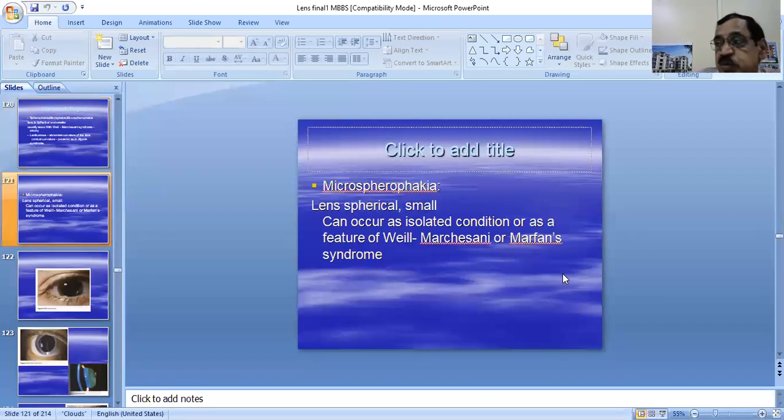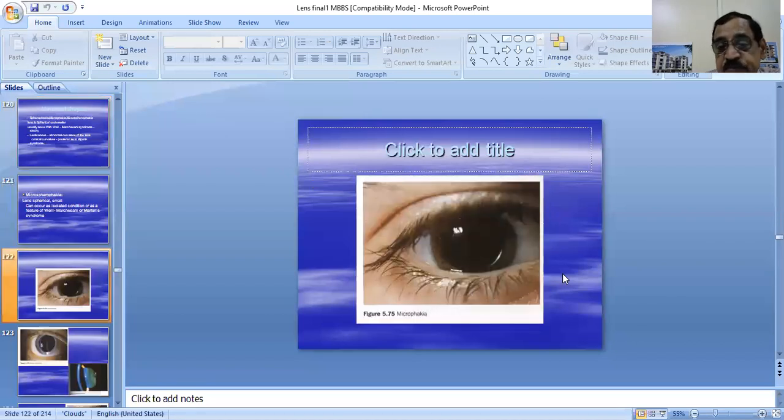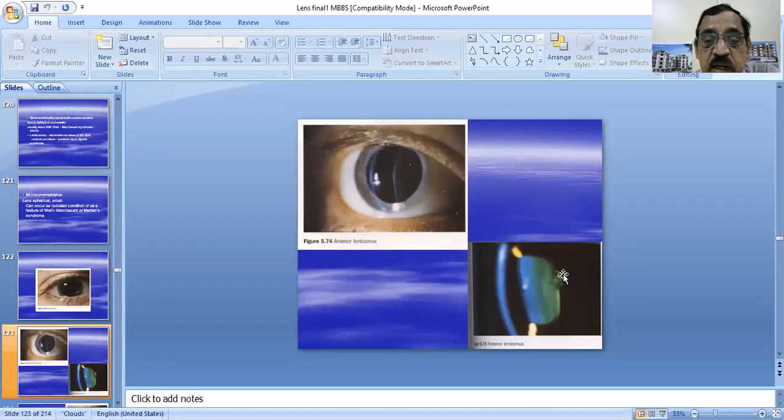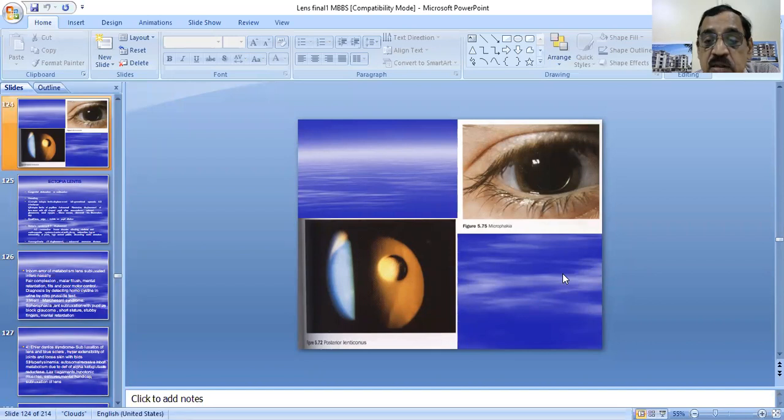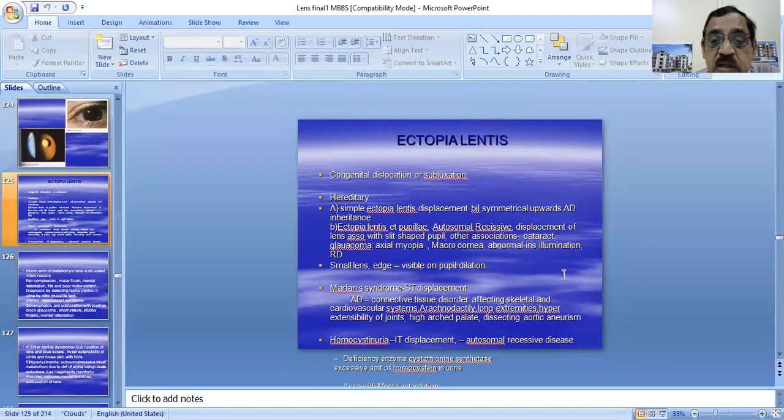Microspherophakia, the lens is spherical and small and can occur as an isolated condition or as a feature of Weill-Marchesani syndrome and Marfan syndrome. So here is microphakia, and here again anterior lenticonus, posterior lenticonus, and microphakia again, and posterior lenticonus. And ectopia lentis, we have already seen it.